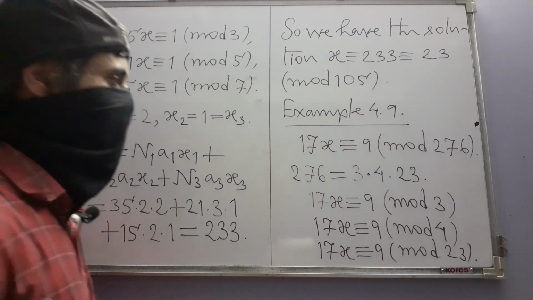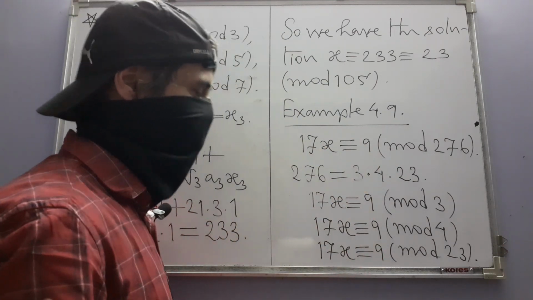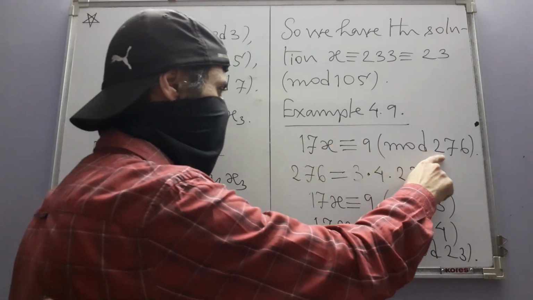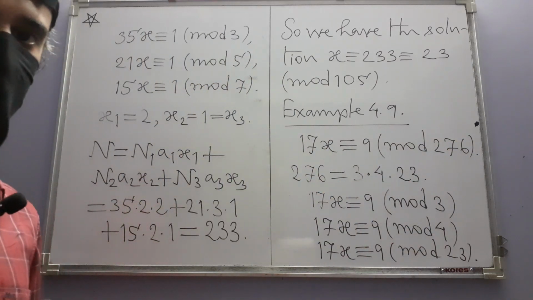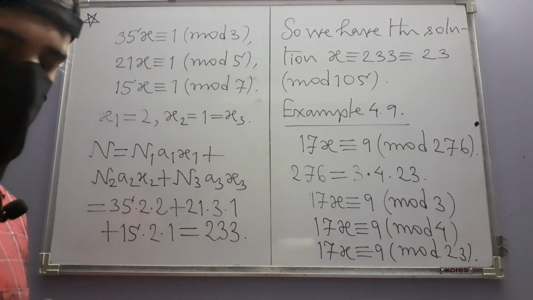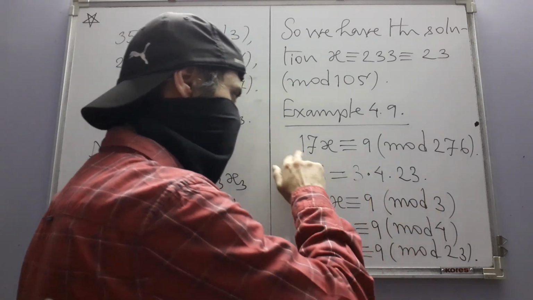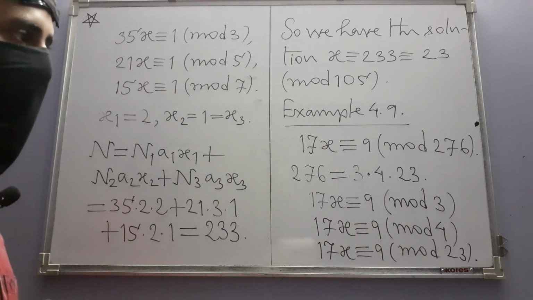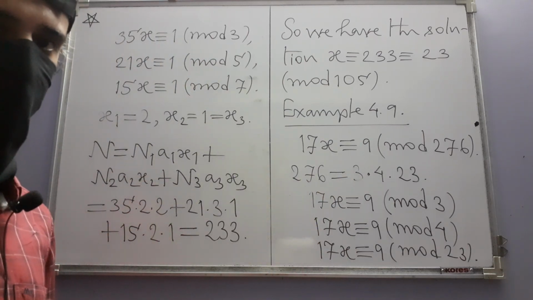Why? Say you have an x that satisfies this congruence. What does that mean? It means that 276 divides 17x minus 9. That's what it simply means. But that automatically means that 3 also divides 17x minus 9. Why? Because 3 divides 276. That's why.